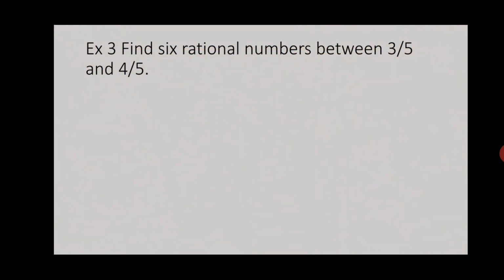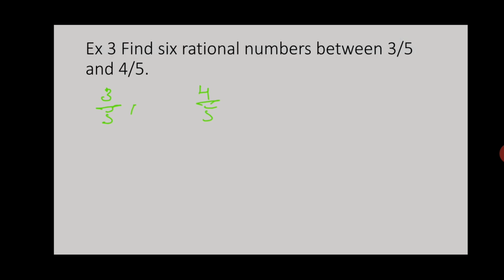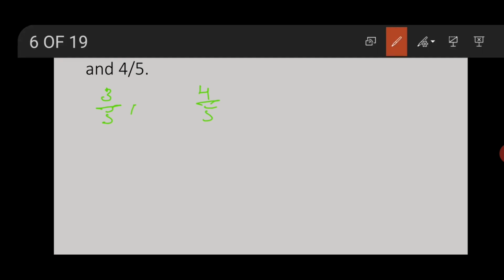Next, let us move to another problem. Exercise question number 3. Find 6 rational numbers between 3 by 5 and 4 by 5. How many rational numbers do we require? 6 rational numbers, right?